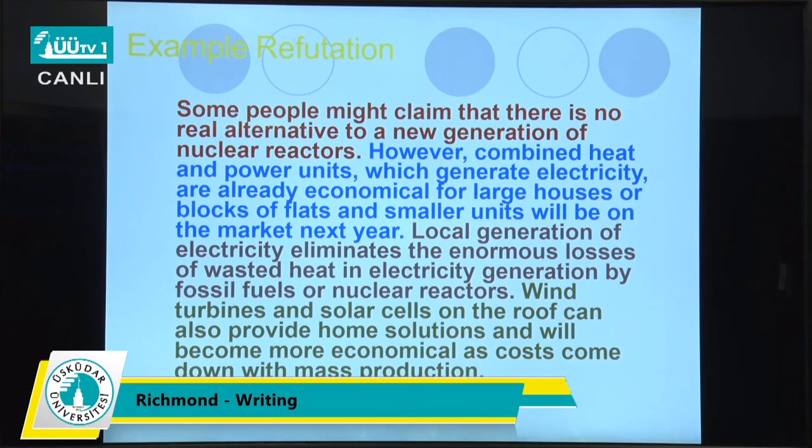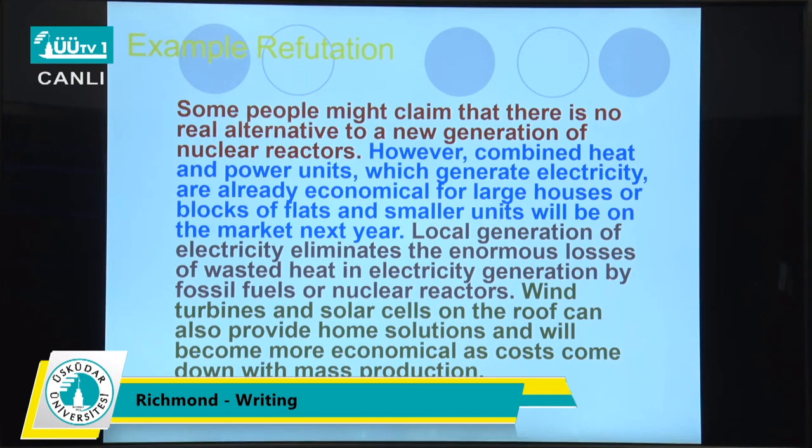Here, in the first sentence, some people might claim that there is no real alternative to a new generation of nuclear reactors. From the first sentence, we understand that here we will talk about the other side of the disagreement. We will talk about the other argument, the opposite argument.